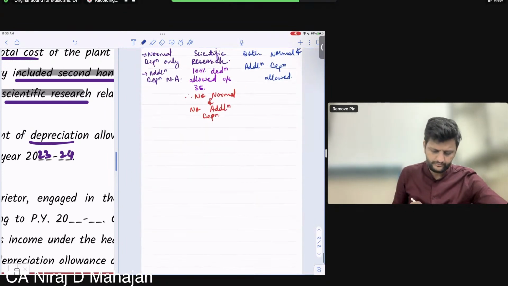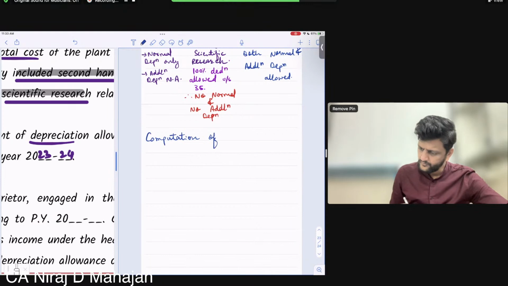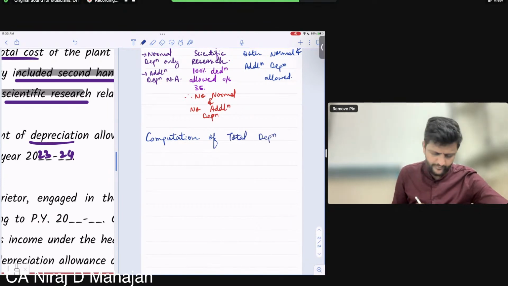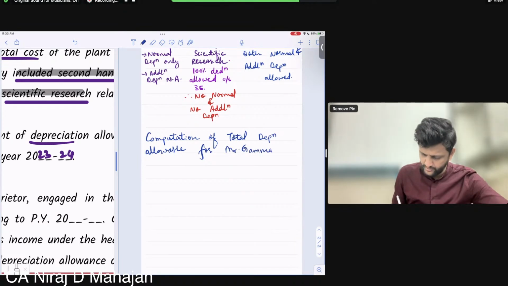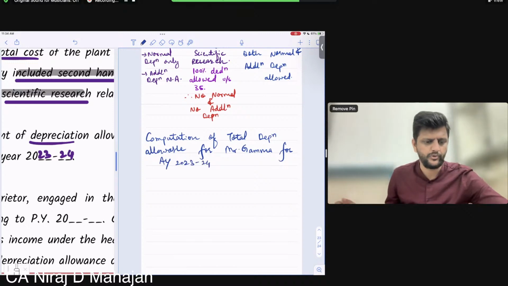So computation of total depreciation allowable for Mr. Gamma for AY 23-24.